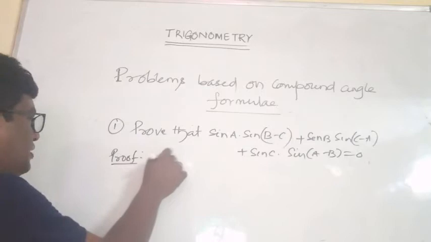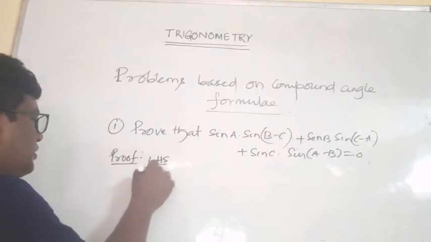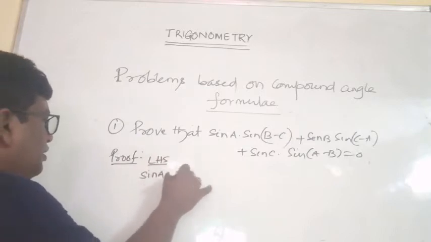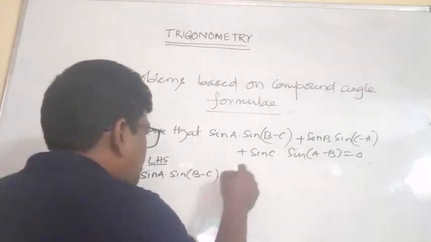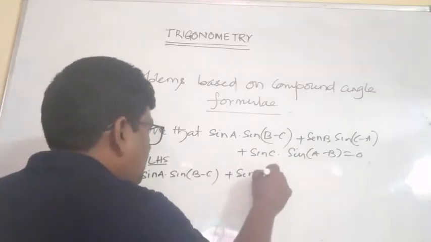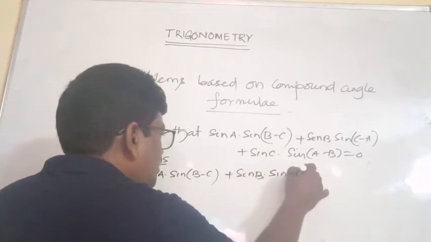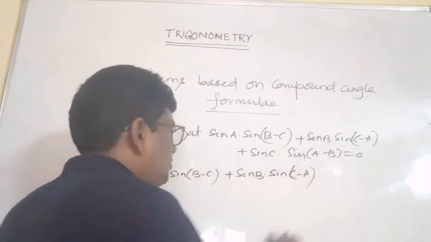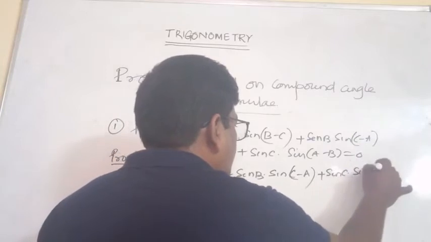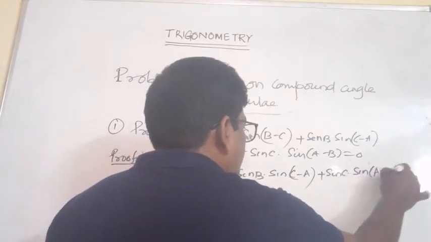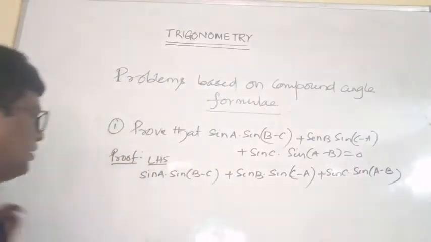Left hand side: sin A into sin (B minus C) plus sin B into sin (C minus A) plus sin C into sin (A minus B). Apply the difference formula for sin (A minus B).